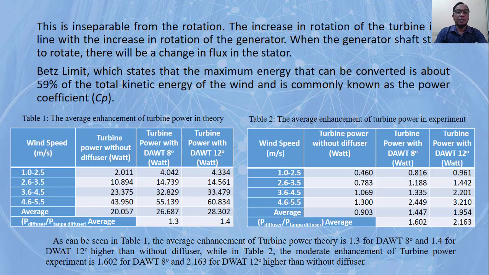And we can see in the table that the average enhancement of the turbine power in theory is 1.3 for the diffuser horizontal axis wind turbine; at 8 degrees the average is 26.687, and at 12 degrees it is 28.302.